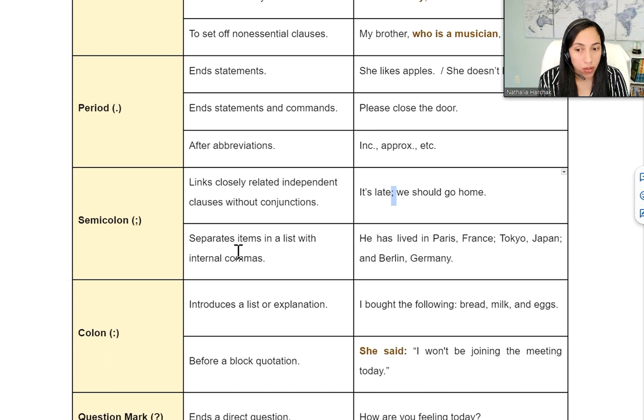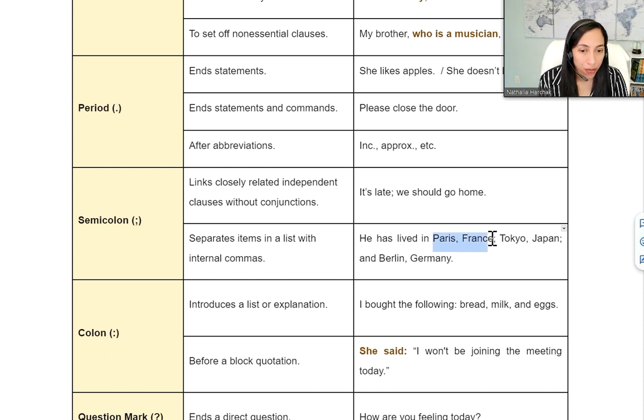A semicolon is also used to separate items in a list with internal commas. For example, he has lived in Paris, France. So Paris is a city in France. I cannot use a comma here because if I use a comma, the person reading my text may think that France is a city as well, okay? Or Paris is a country.